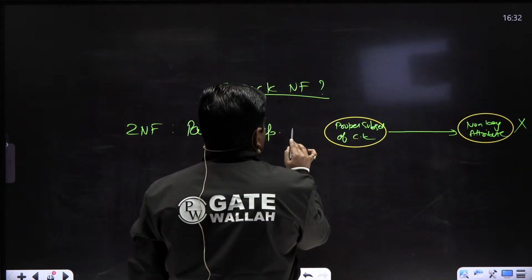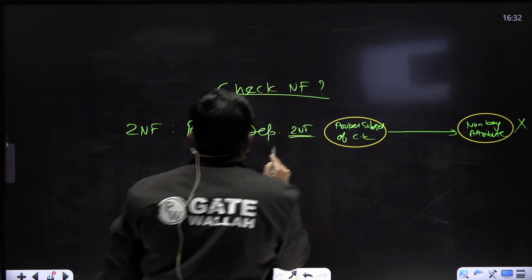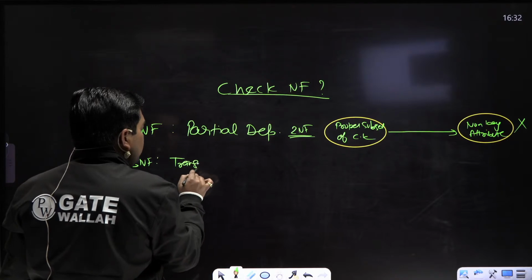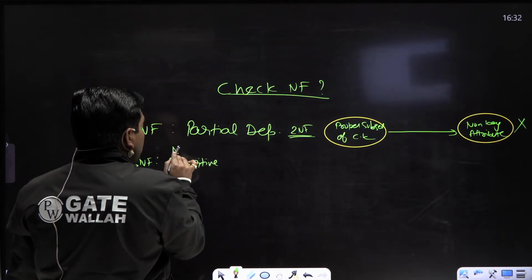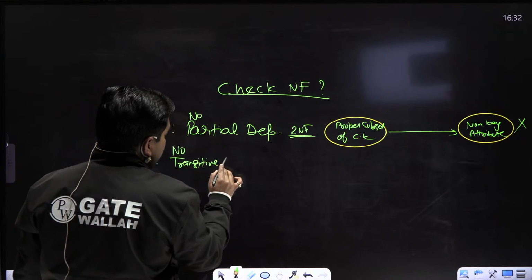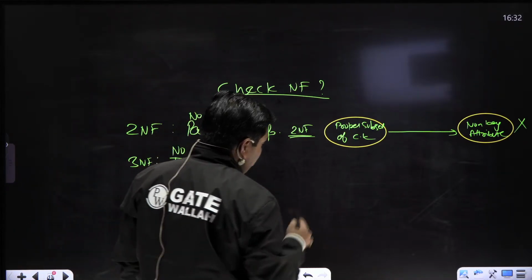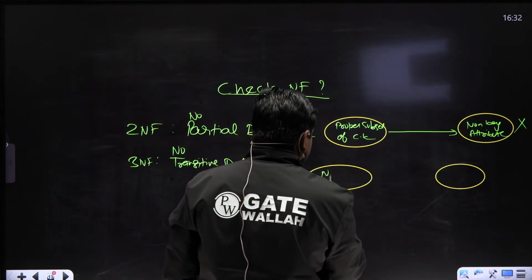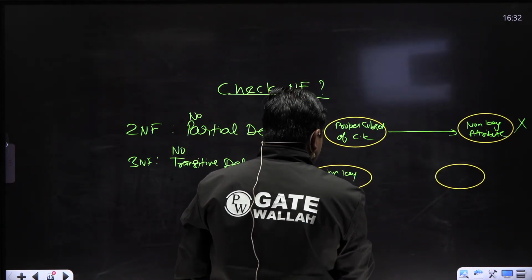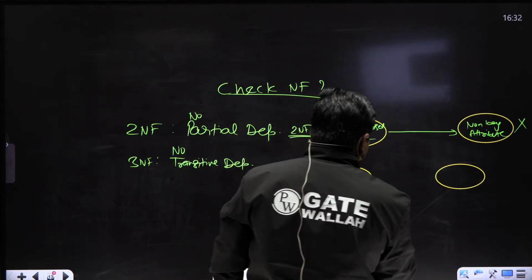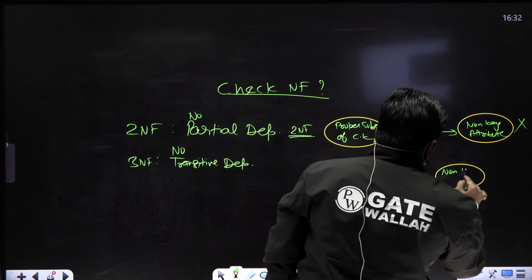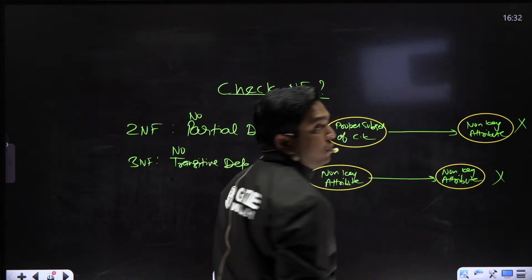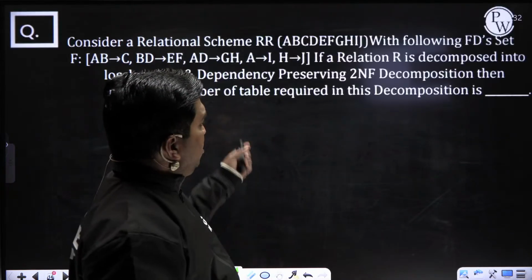This must not happen for 2NF. And for 3NF, no transitive dependency and no partial dependency. What is the meaning of transitive? Non-key attribute to non-key attribute, that will not happen. Clear everyone? Now solve this one.